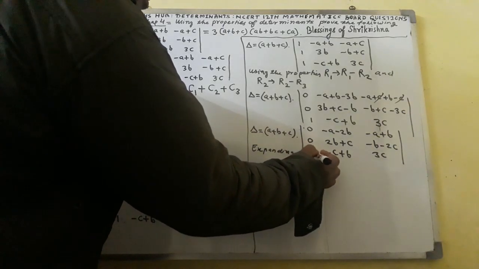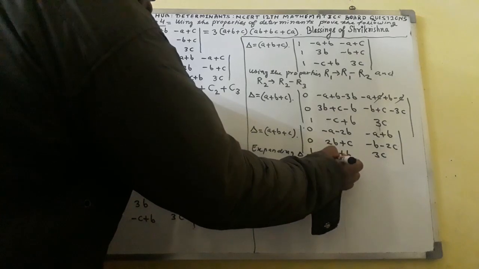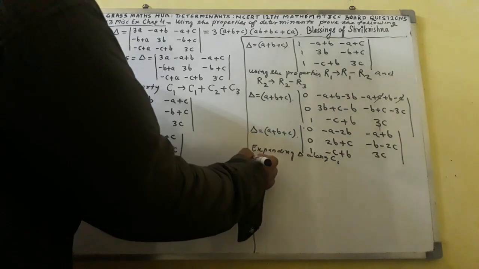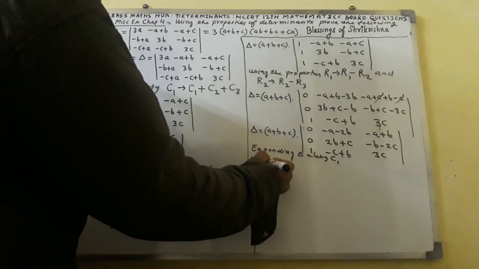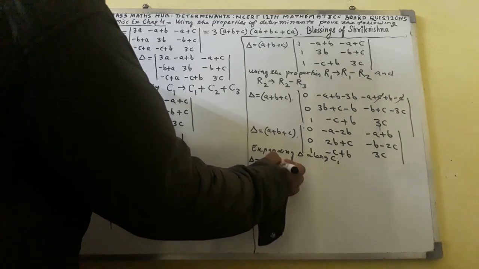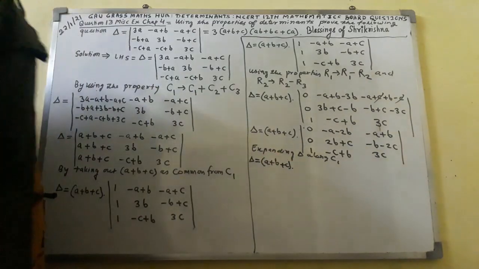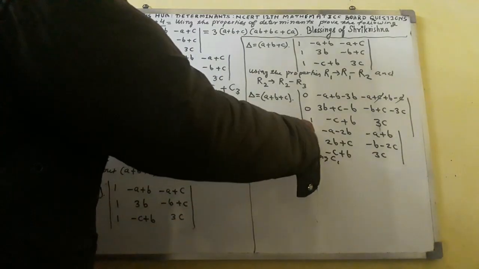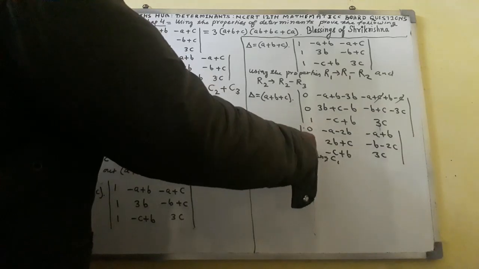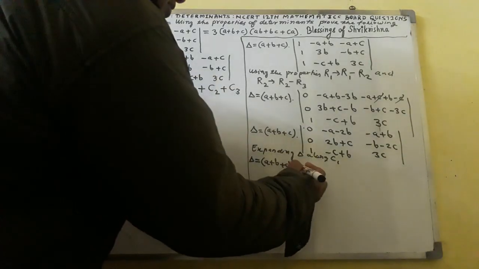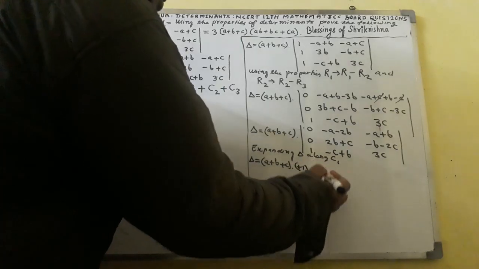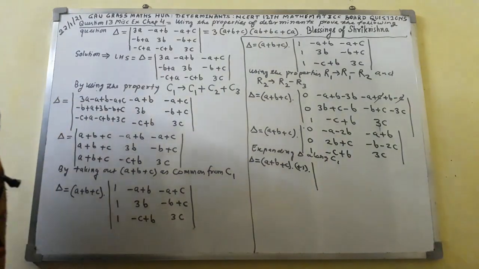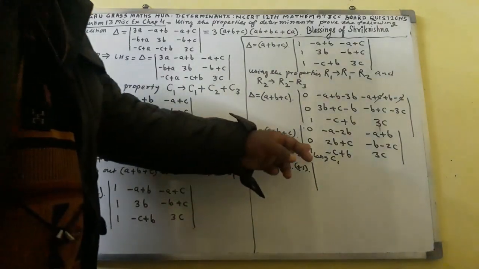Expanding determinant along C1, you will get that equal to A plus B plus C, and also here plus minus plus. So here write plus 1. Now get the minor of plus 1.